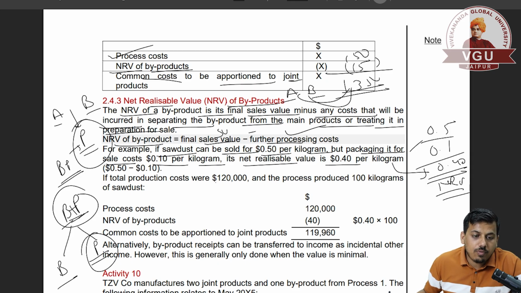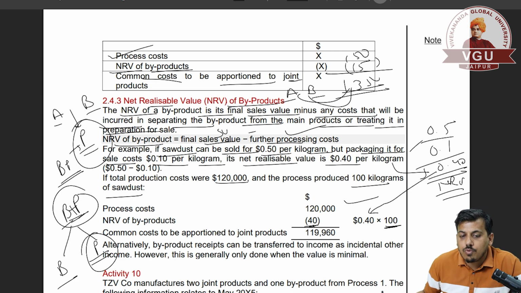If the production cost is $1,20,000 and the process produces 100 kilograms of sawdust, then it will be 1,20,000 minus 40. How do we calculate 40? 0.40 is the NRV and we are producing 100 kg, so the total value we will receive from the byproduct is $40.